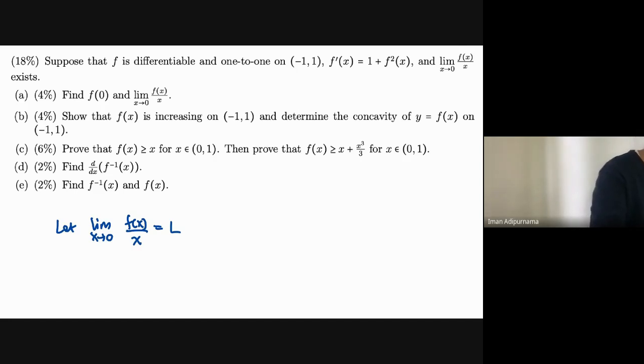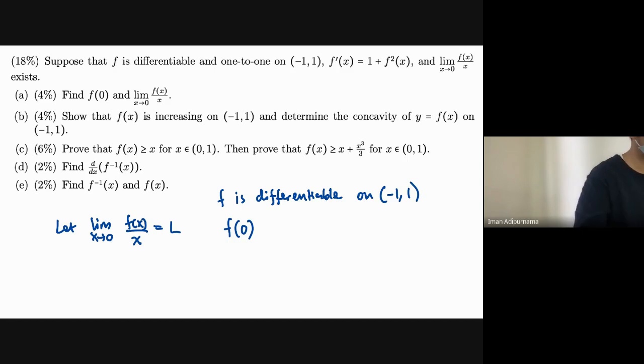Now, if we are going to check f(0), because f is differentiable on this interval, then the conclusion is f should be continuous.